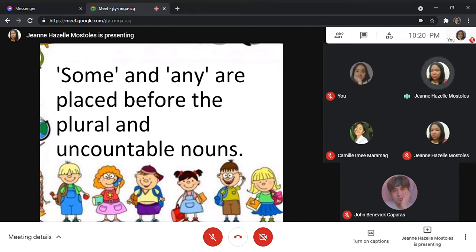Some and any are used if we are uncertain about the amount or number of something. They are often used in quite similar situations, so it's difficult to know when to use them. Now, let's discuss the difference between these two and how we are going to use them in a sentence.